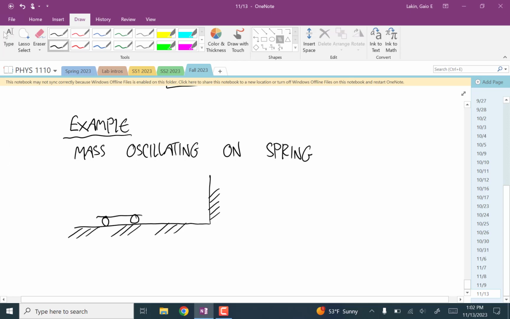So let's say we have a little cart here with a mass of 0.2 kilograms. And it's connected to a spring that has a spring stiffness, K, that's equal to 100 newtons per meter.